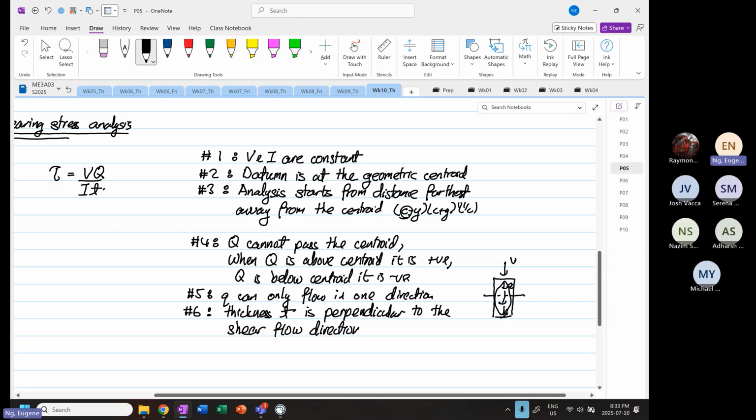Now, all these rules still apply in thin wall analysis.